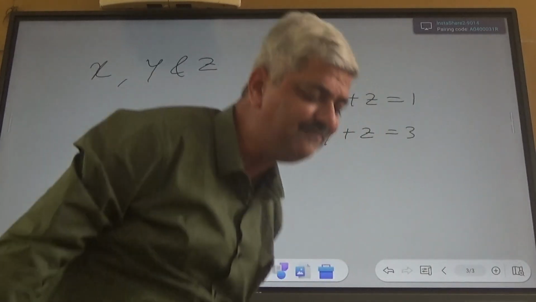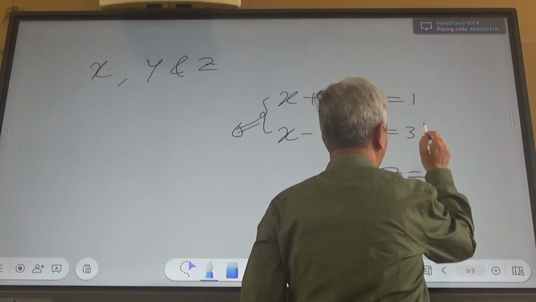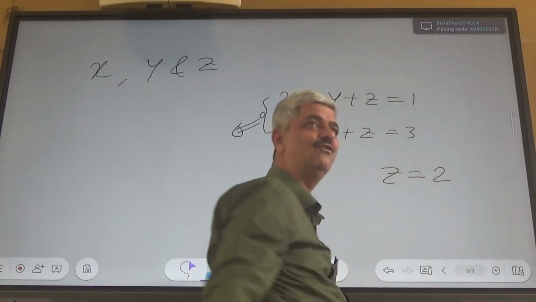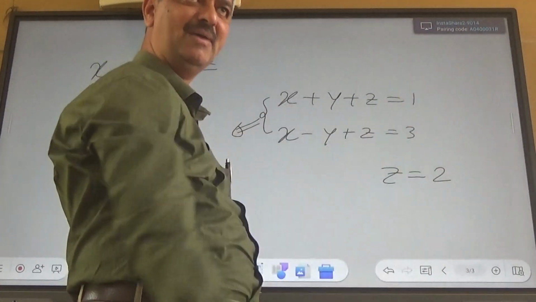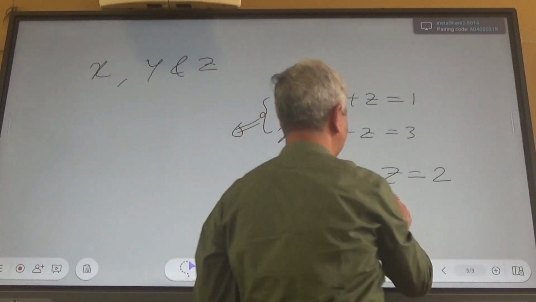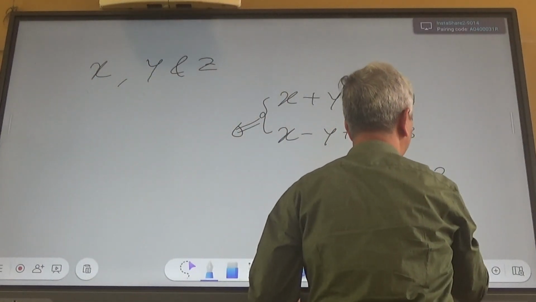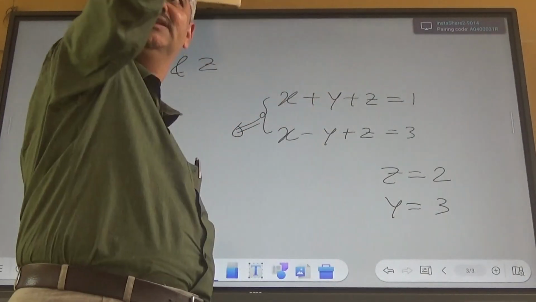Rather than that, I simplify the equation: z equal to 2. What is z equal to 2? Z equal to 2 is a plane parallel to the xy plane at z equal to 2. Then I say y equal to 3. It is a plane parallel to the xz plane at y equal to 3.